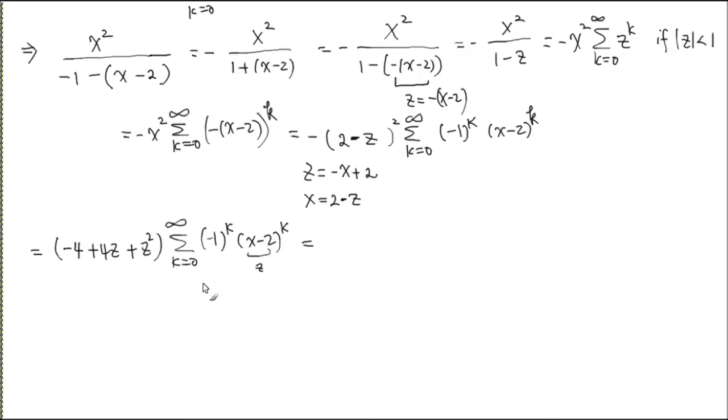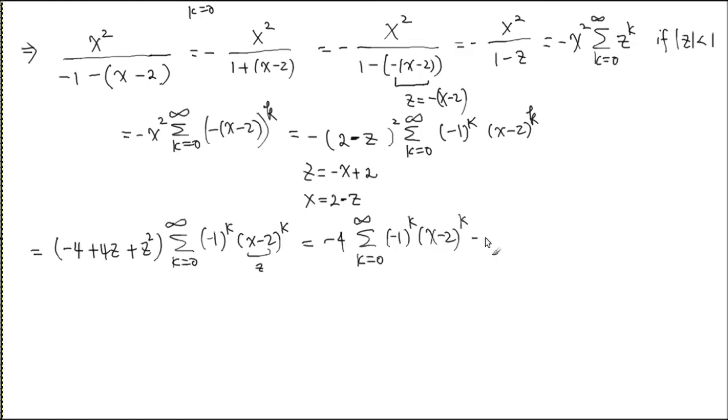Now, this is 3 terms, and this whole thing is multiplied. Under absolute convergence, you can do this finite distribution. If it is infinite, you have to be careful with multiplications. So we have negative 4, this whole thing multiplied: (-1) to the kth power, (x minus 2) to the kth power. If you multiply this whole thing by the first term, this is what you get.